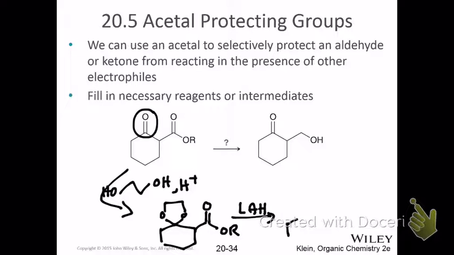It doesn't react with the cyclic acetal. But it will convert that into an alcohol. So that would be LAH, and then usually it's like HCl or ROH, not HCl.